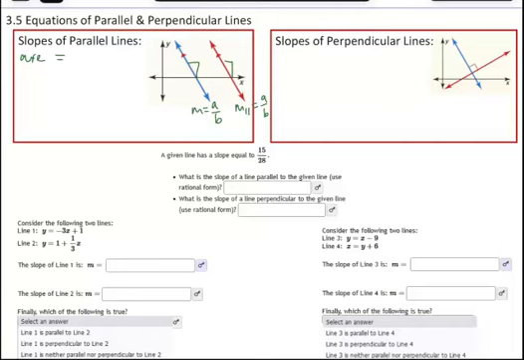And then in contrast to that, if you have perpendicular lines, then their slopes are going to be negative reciprocals. Okay, and this means that they have a product of -1.